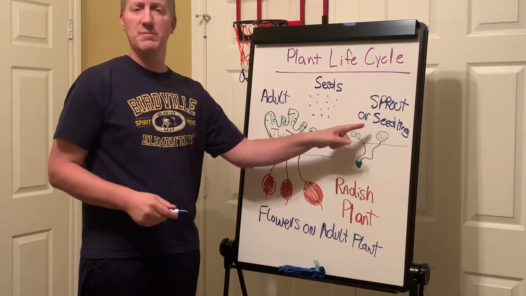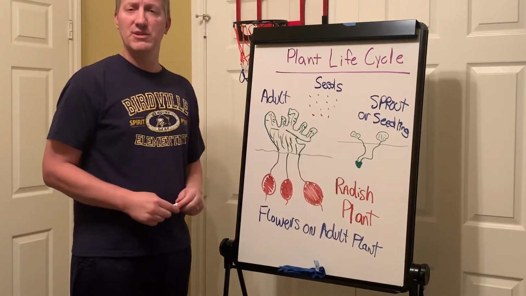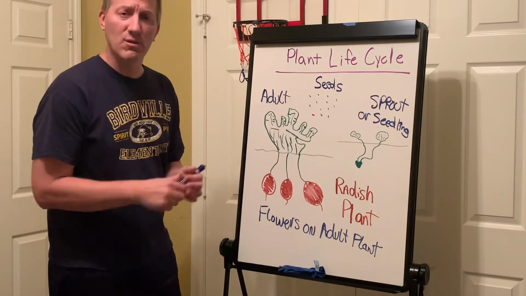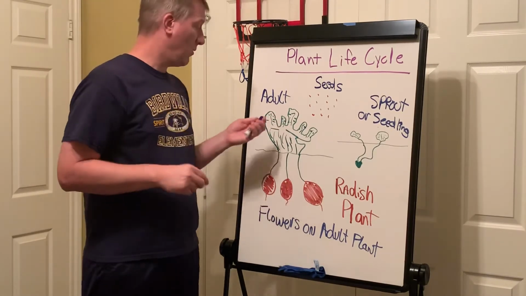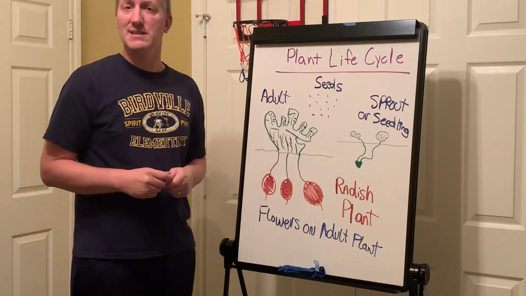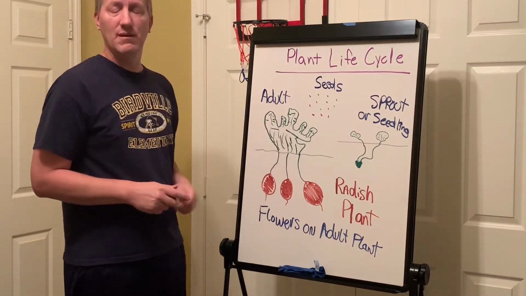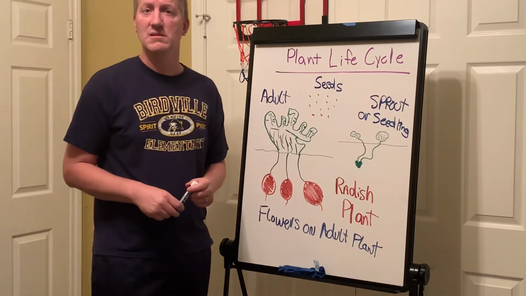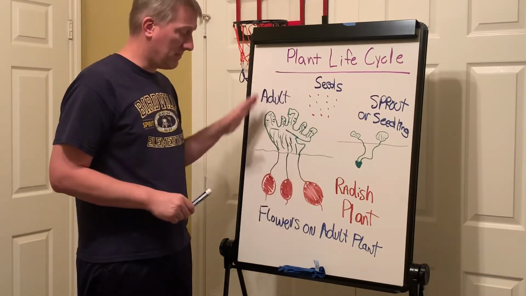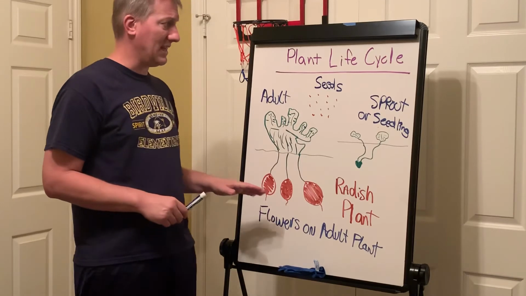Flowers will not appear on the sprout or the seedling. Only the adult plant. And those flowers will also be what produces the seeds. The seeds will come from those flowers. And so that's the main parts of the plant life cycle.